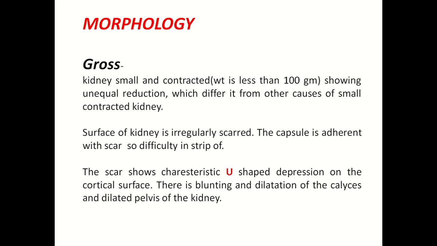So uneven, irregular, U-shaped distribution of the scar is characteristic of chronic pyelonephritis, and there is blunting and dilatation of the calyces and a dilated pelvis of the kidney. Again, the characteristic feature is blunting of the renal calyces.